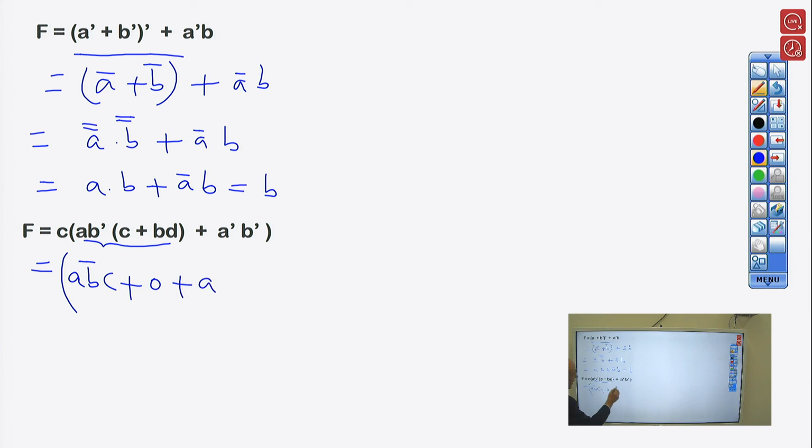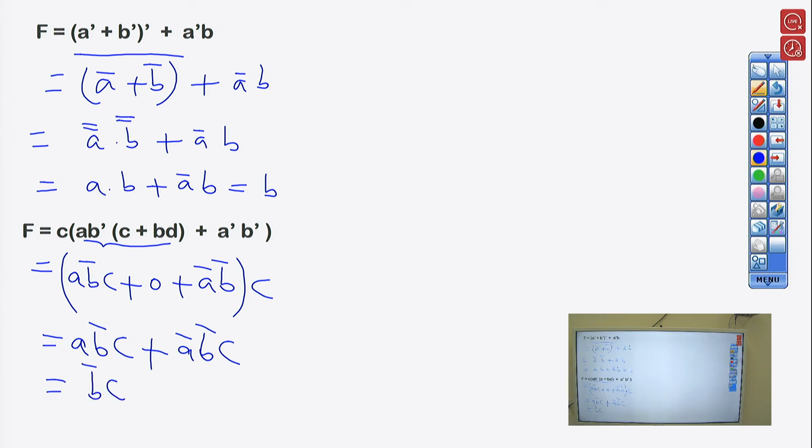Or with not A, not B, and this is multiplied by C, equals A, not B, C, or not A, not B, C. And this differs on A, so this equals not B, C.